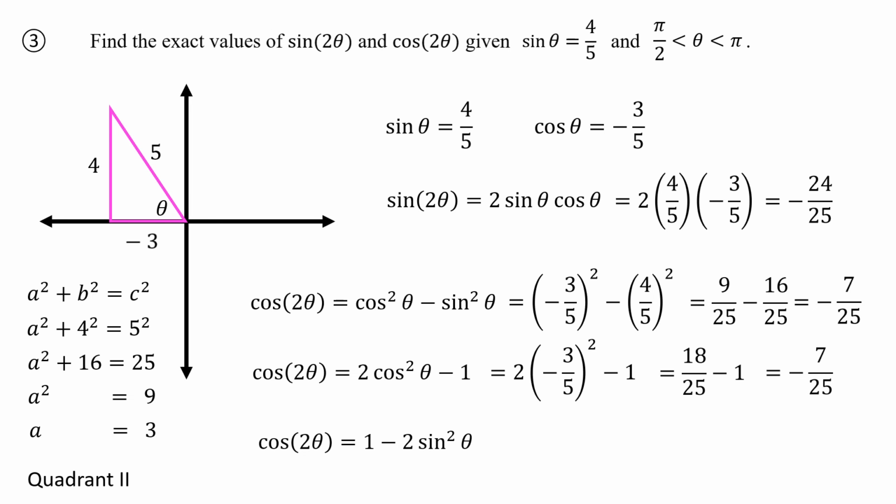Is this wild or what? It doesn't matter which of the 3 identities I use. We will get the exact same value, negative 7 over 25. So since both the x and y values are negative, angle 2 theta is actually somewhere in quadrant number 3.